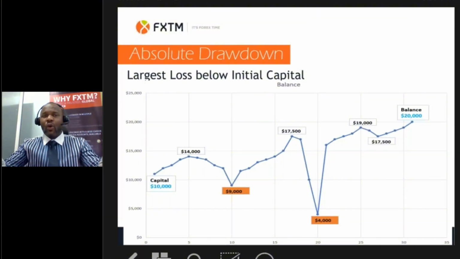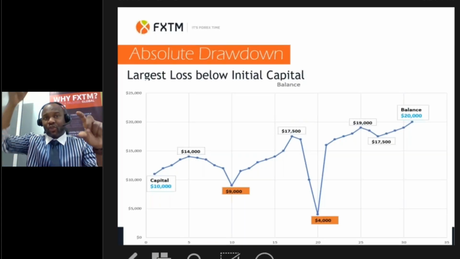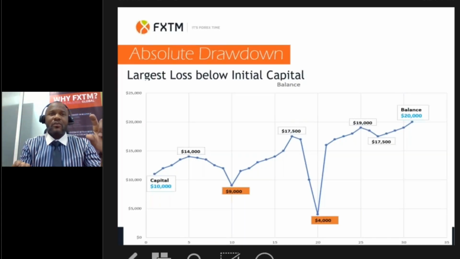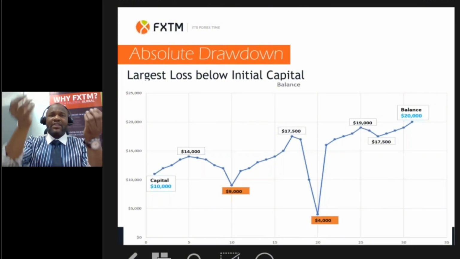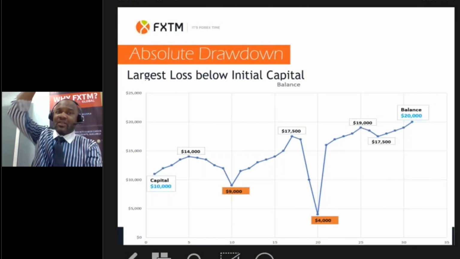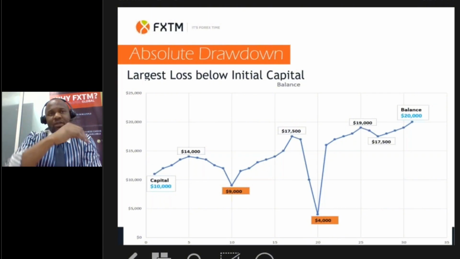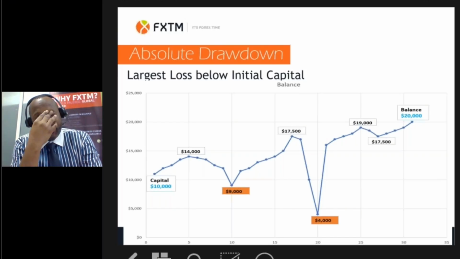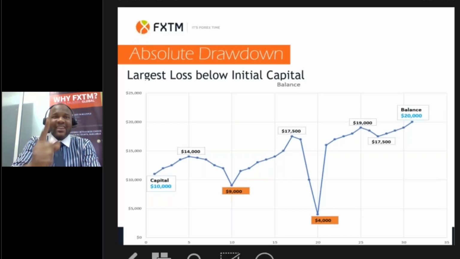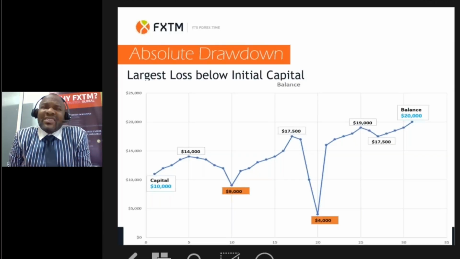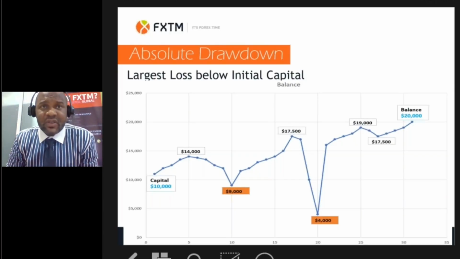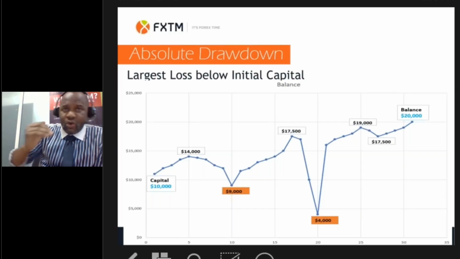Now it will measure your fall in balance, whether at any point it went below that starting balance that it started that period of history with. If there's such, the highest of such fall below the account starting balance will be captured, and that will be your absolute drawdown.